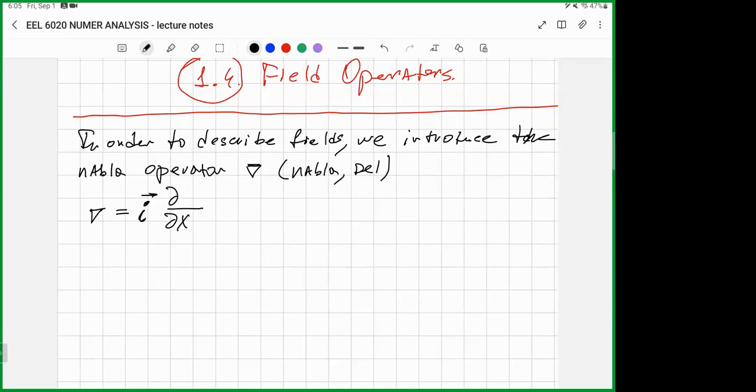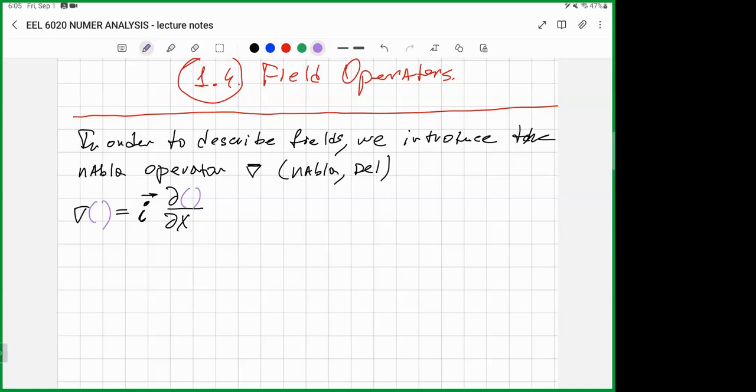And let me actually write this part in color. By putting this parenthesis, I mean that there is a space to plug in something there. So this operator operates on something or acts on something. So this nabla is not used by its own.